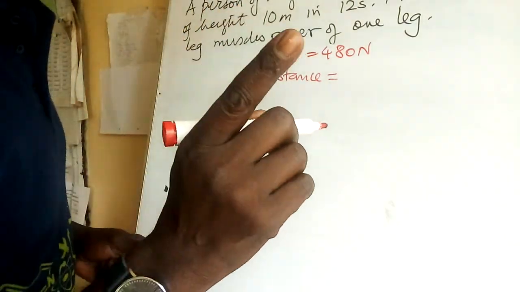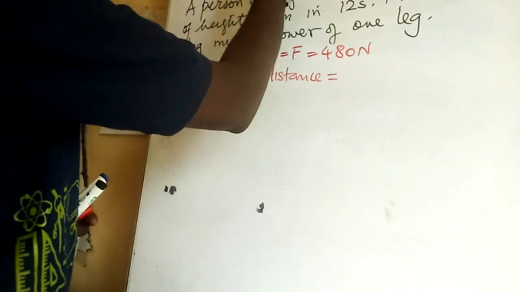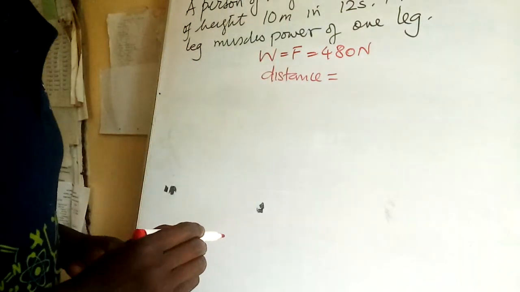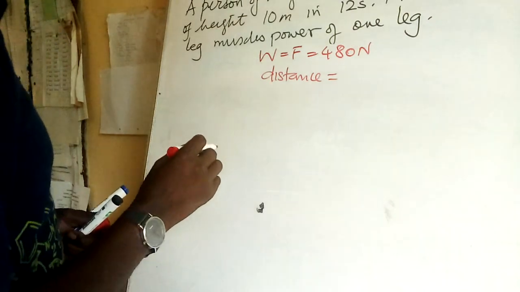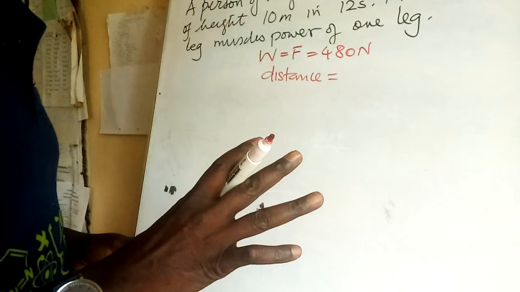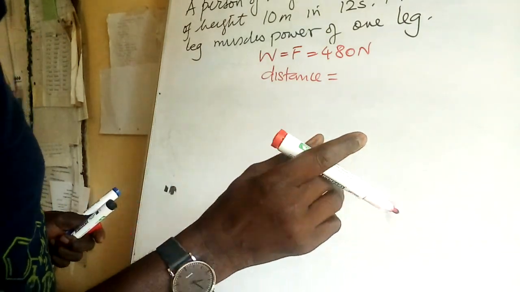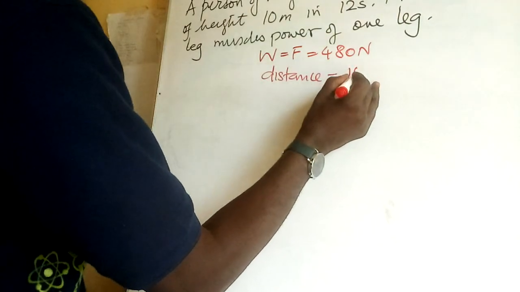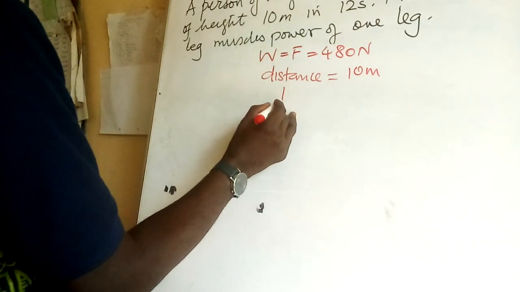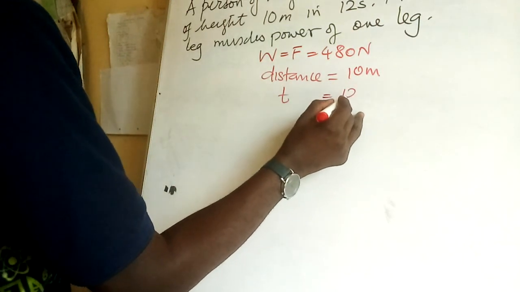In most cases, please write distance in full, because from linear motion, distance takes another letter, S. So distance is equal to 10 meters, and then we have time is equal to 12 seconds.